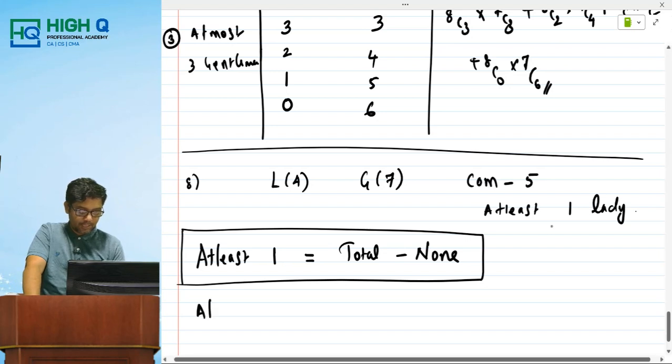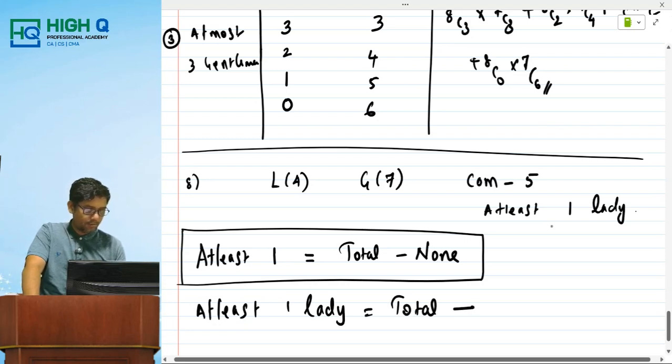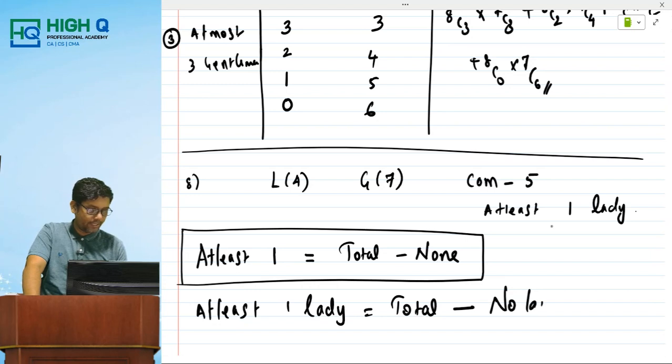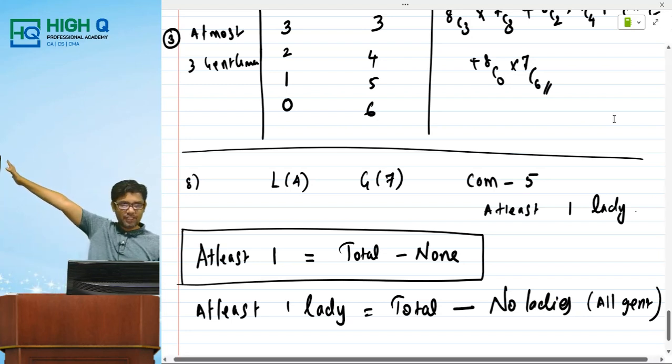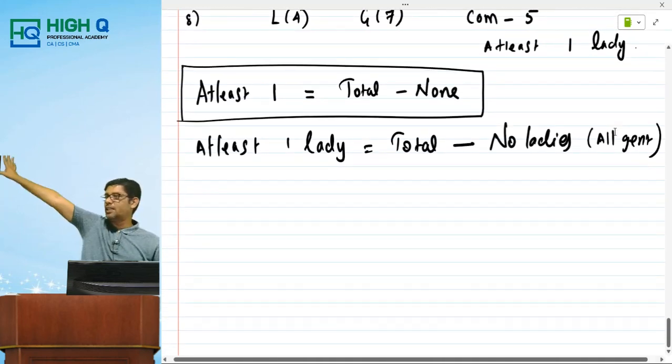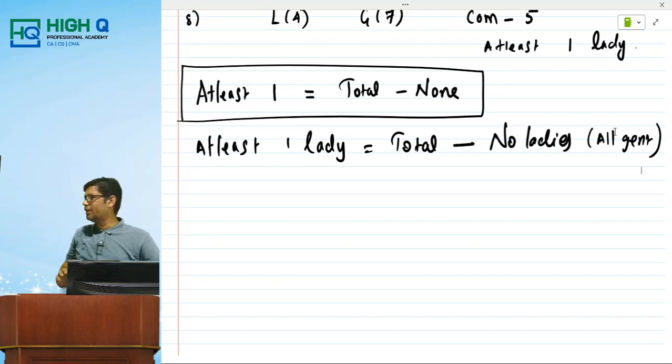So, at least one lady is equal to total minus no ladies. The meaning of no ladies is all are gentlemen. From the total number of ways, if I remove the all-gentlemen combination, definitely the remaining combinations are going to contain at least one lady.